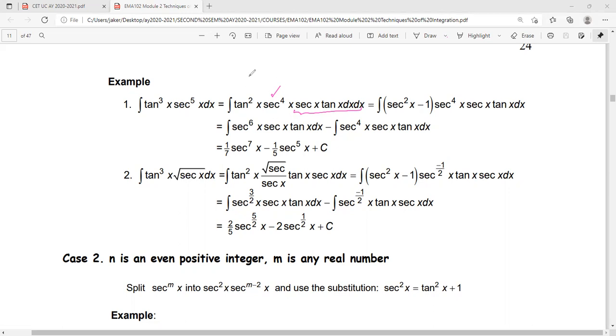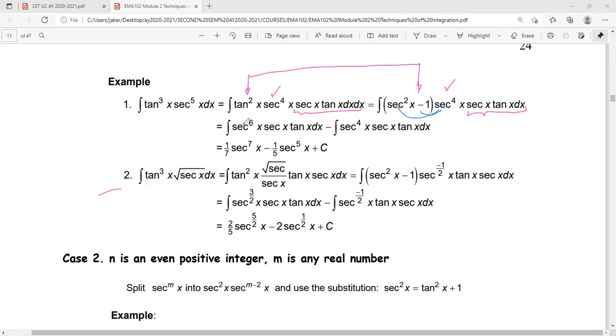So converting the tangent squared of x to secant will use the identity secant squared x minus 1. This was just copied again, and this one is just there. It's copied as well. Next thing you do is you distribute. So distribute or multiply the secant squared x minus 1 to secant x raised to 4.